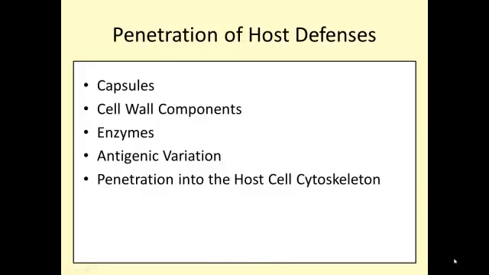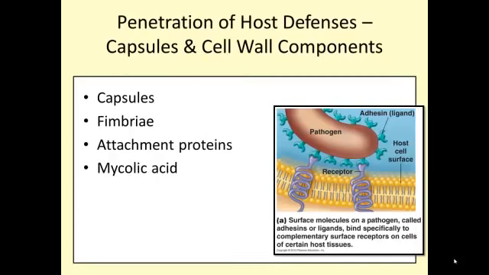This brings us to the next topic, penetration of host defenses. We're going to talk about capsules, cell wall components, enzymes, antigenic variation, and penetration in the host cell cytoskeleton. So, for penetration of host cell defenses, capsules, and cell wall components, most of this we've already talked about.